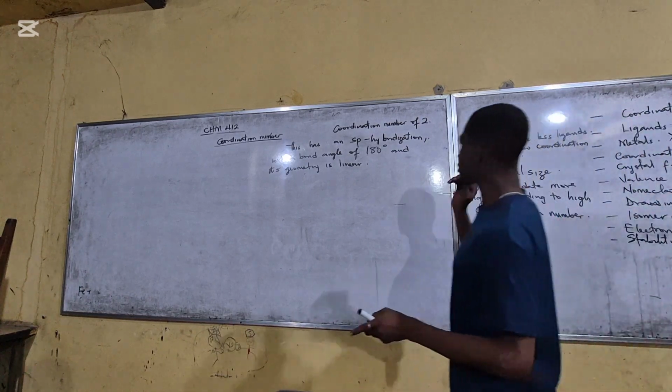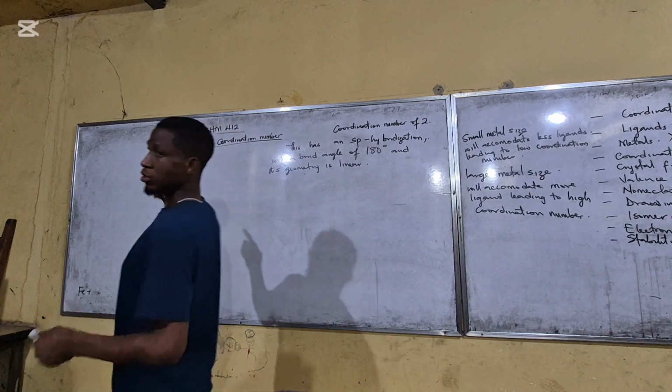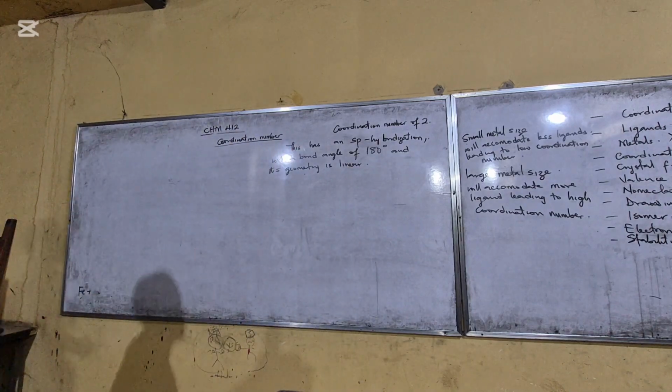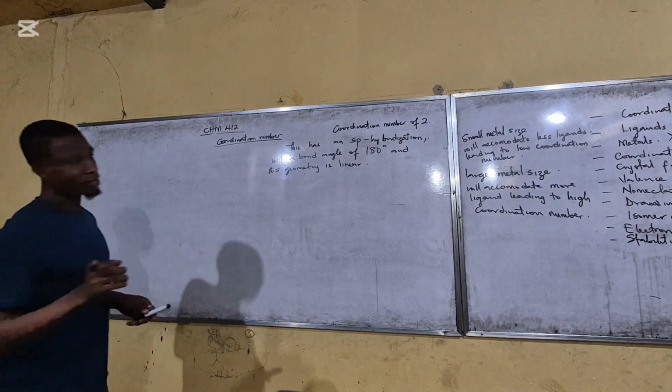I told you it is sp hybridized. Bond angle is 180 and the geometry is linear.